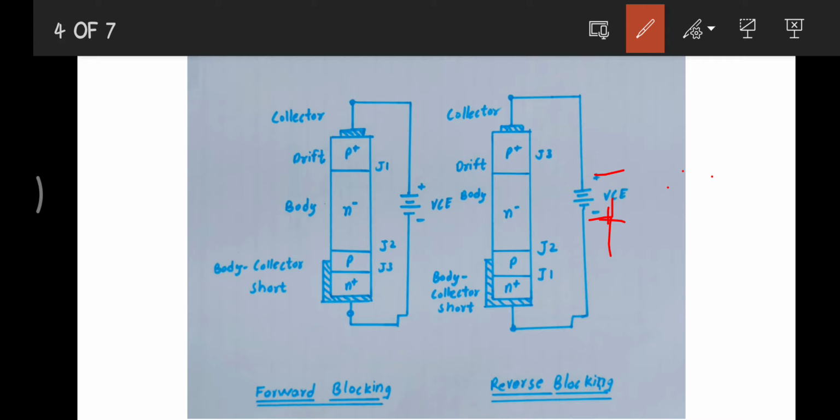The main difference: the forward blocking IGBT can block voltage only in the forward direction, while the reverse blocking IGBT can block voltage in both forward and reverse directions. So the reverse blocking IGBT is used in bidirectional power applications like matrix converters, while the forward IGBT is used in unidirectional applications like motor drives and inverters.